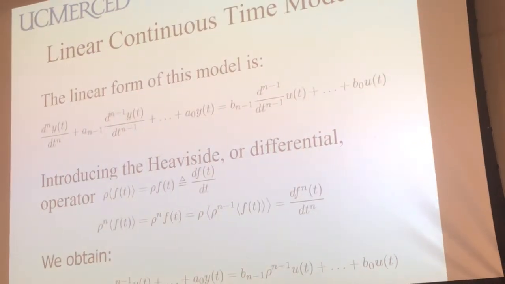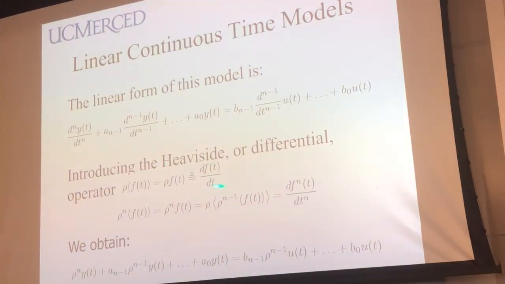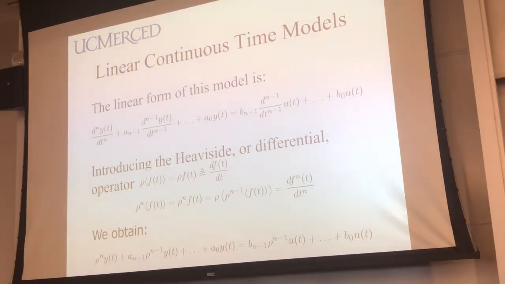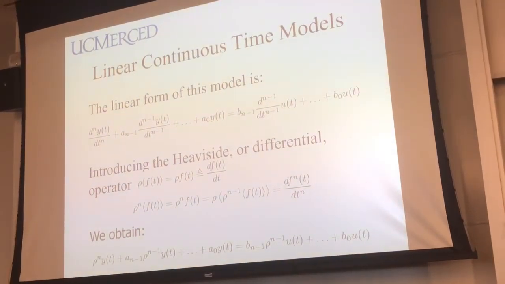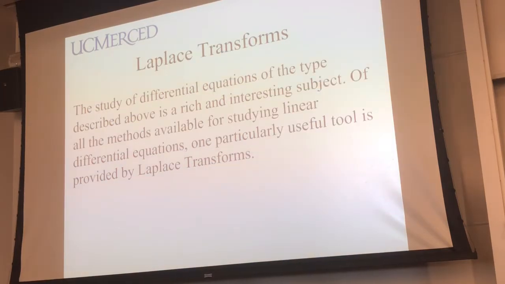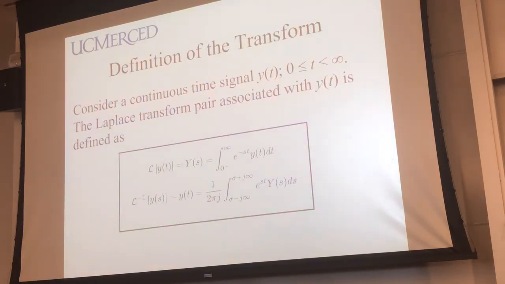He's the guy who simply replaced d/dt with rho as an operator. So he even can talk about the square root of rho, okay? And so by doing this, it is a precursor of the Laplace transform. And just last lecture, I told you how important it is to talk about zero minus.